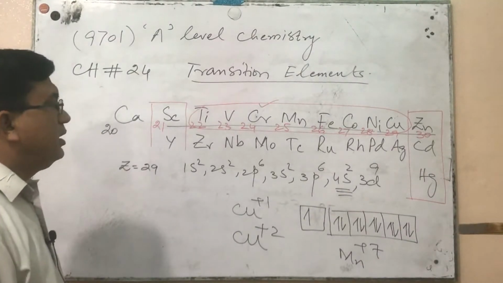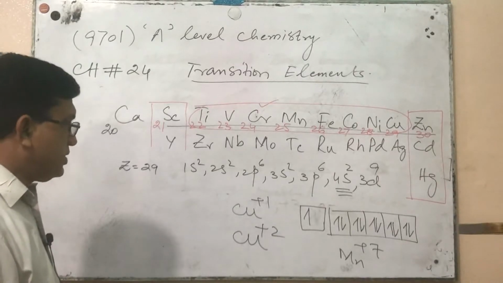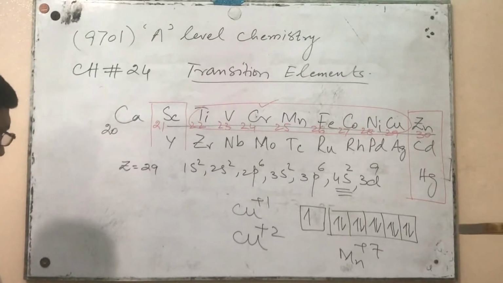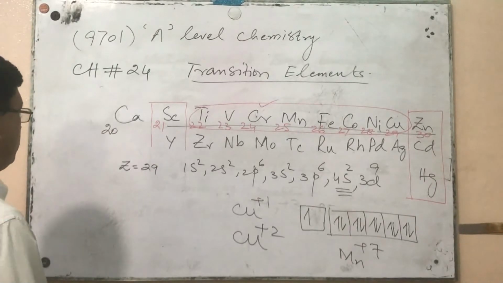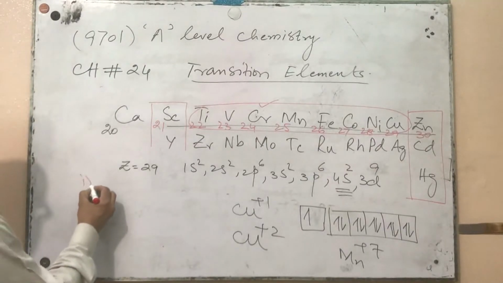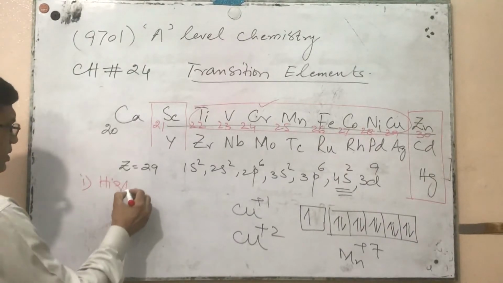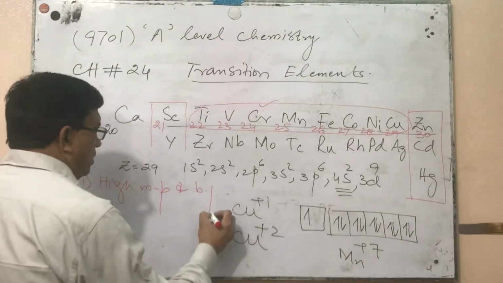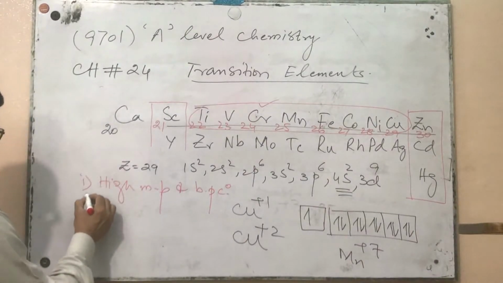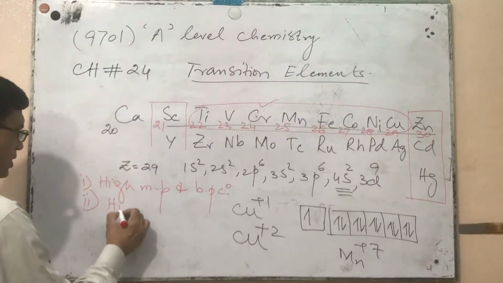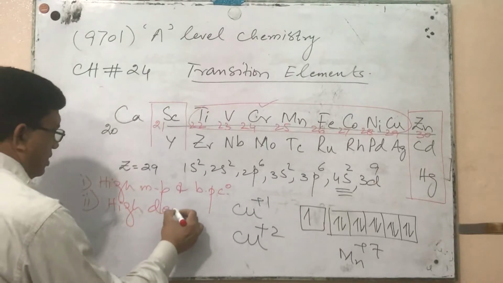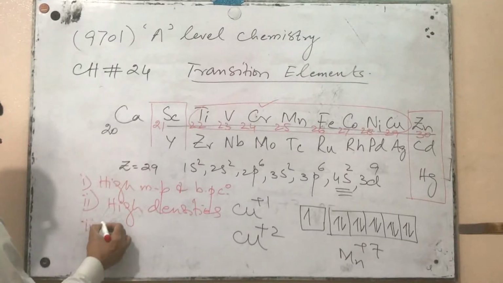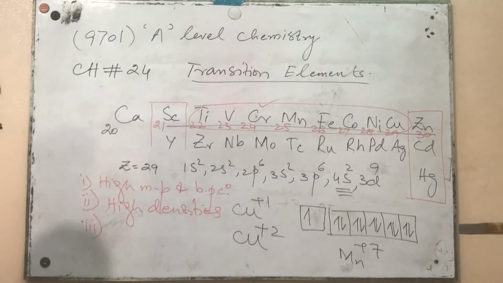Next, their physical state is important. Now all the transition metals normally, number one, have high melting points and boiling points. Second, these have high densities.